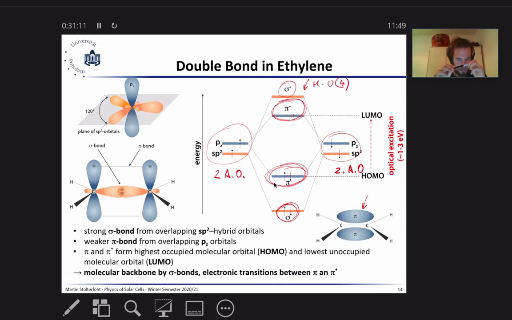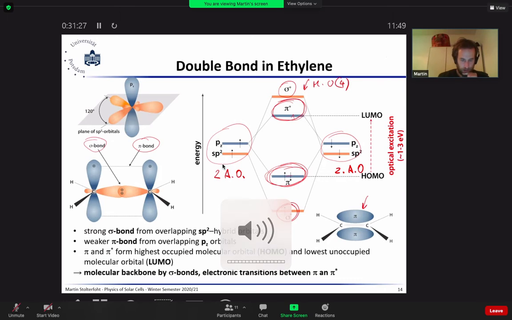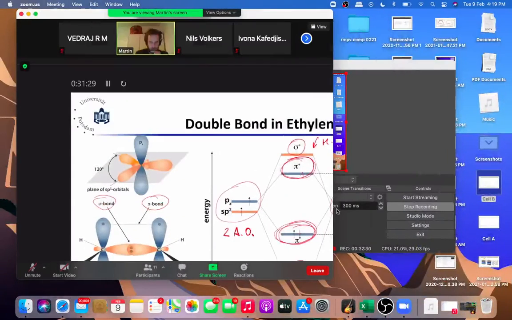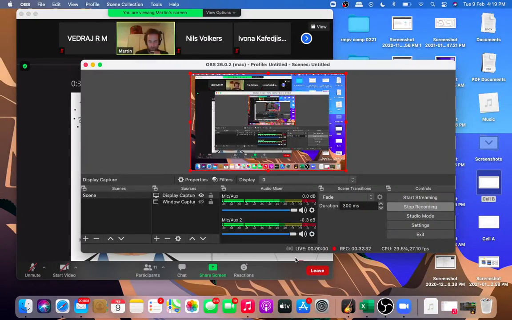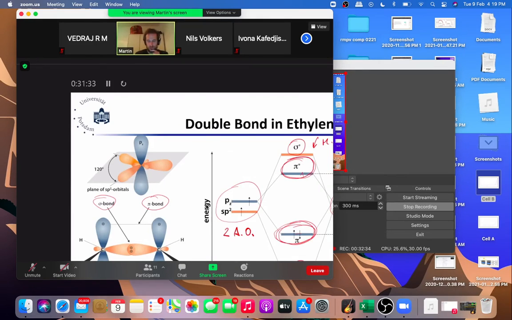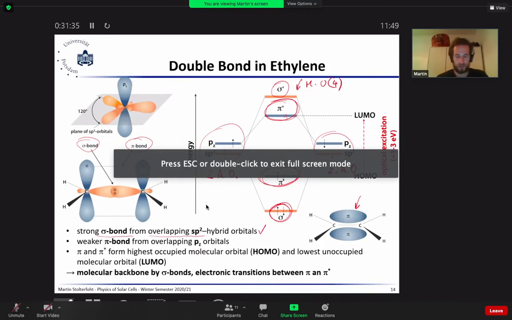Okay, what else do you see here? So also here you can see the sigma and the pi bond. And here's again a 3D representation. And here the summary again. The sigma bond forms from overlapping sp2 hybrid orbitals.